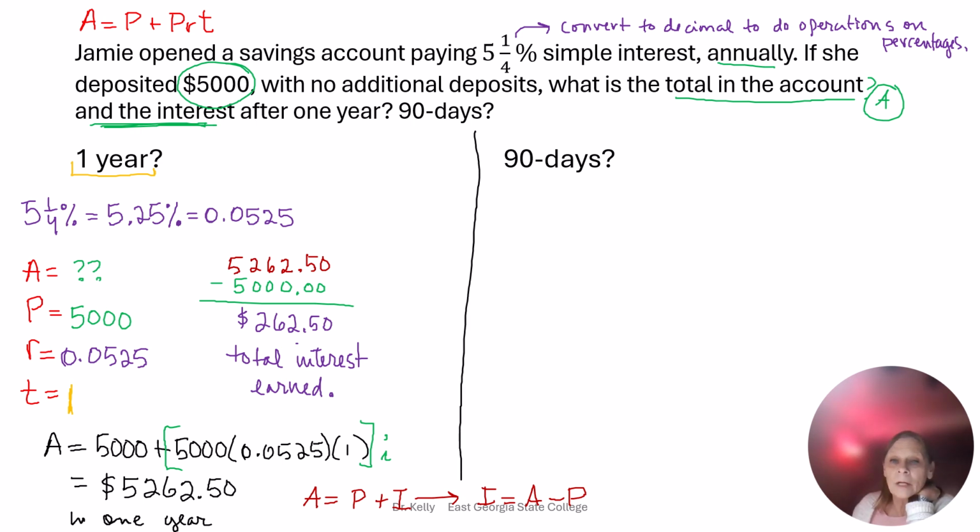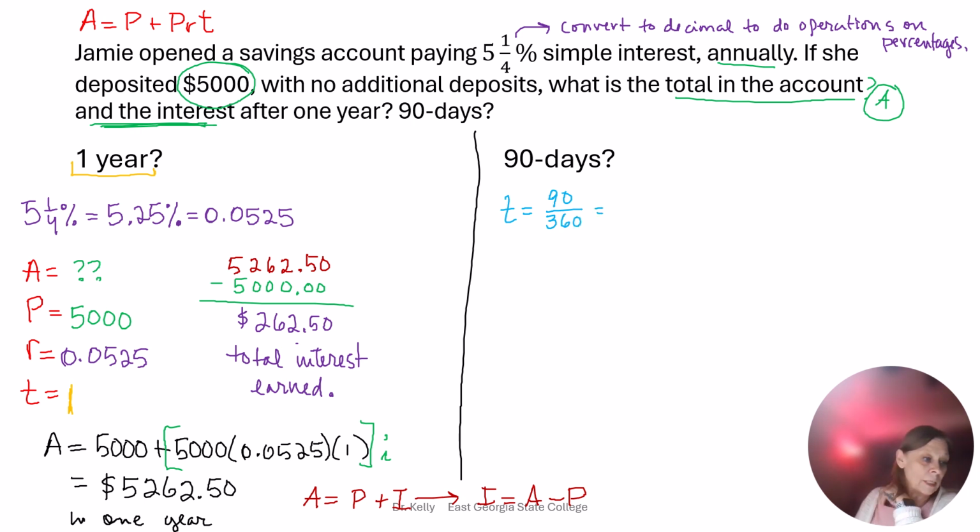Okay, and then I wanted to look real quick about what happens when it's in 90 days. So we have everything is the same here except for T. T here is going to be 90 over 360.